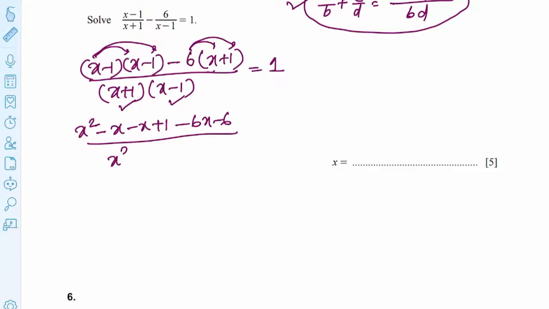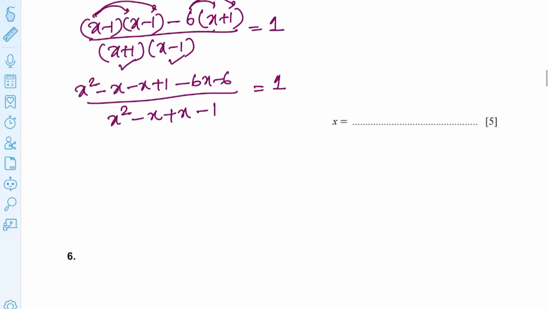For example, x squared minus x plus x minus 1, which equals 1, right? So in the numerator we have x squared minus x minus x, which is minus 2x, minus 6x becomes minus 8x, right? And 1 minus 6 becomes minus 5. In the denominator, minus x plus x becomes 0, so we have x squared minus 1, which equals 1.